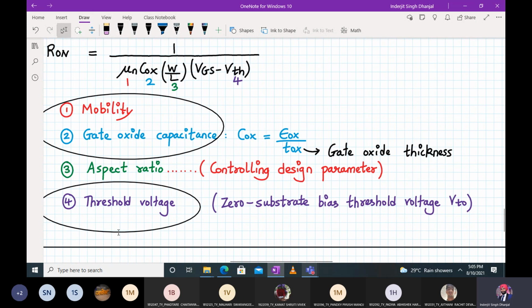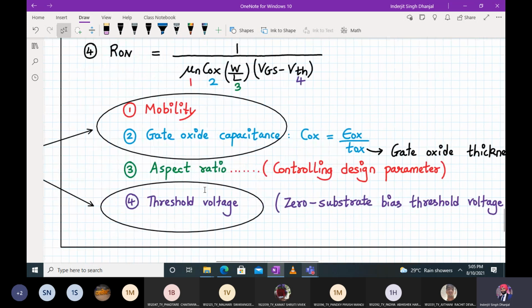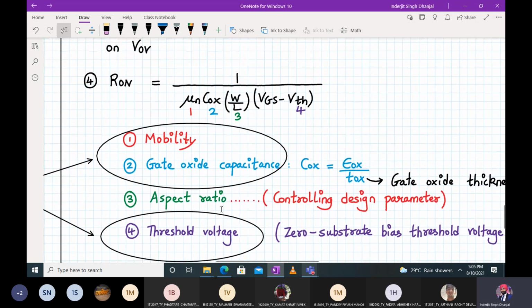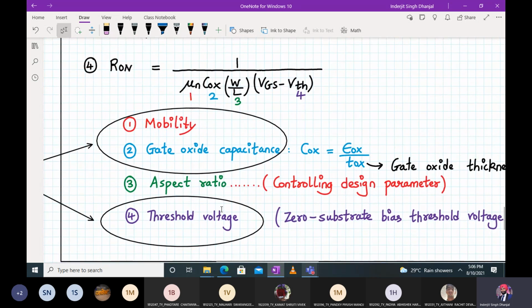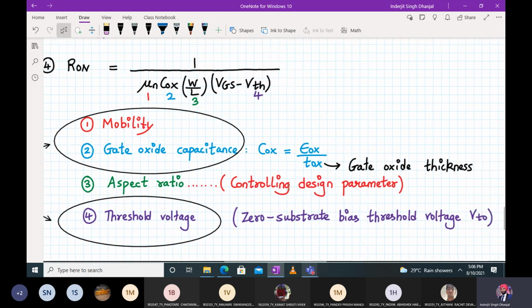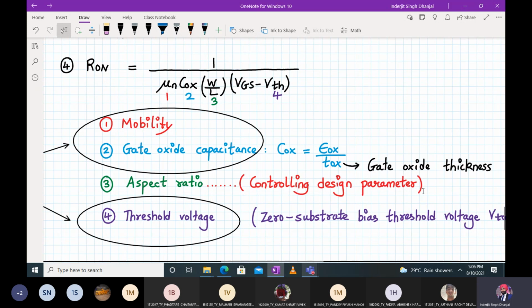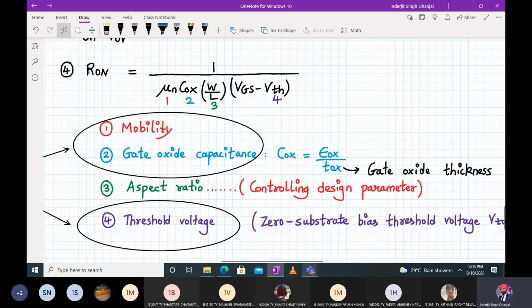This threshold voltage is called the zero substrate bias threshold voltage, which we call VTO. This threshold voltage assumes that your source and the body are at the same potential. Okay. So if I want to change R on, how can I change it? I can change it by controlling the aspect ratio, and aspect ratio is nothing but the width and the length of your MOSFET. So this is the controlling design parameter wherein I can control the value of R on.